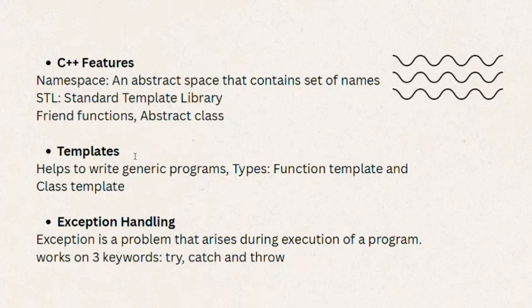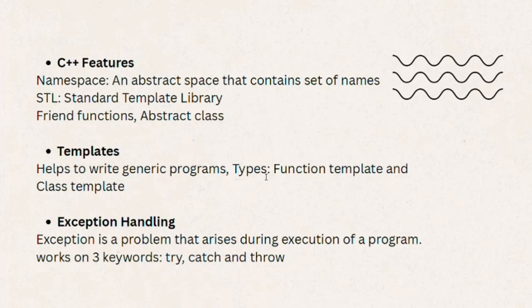Now, further, templates. Templates help to write generic programs, with types like function template and class template. Function template is used for functions that work with multiple data types, and class template is used for classes that work with multiple data types. Exception handling.